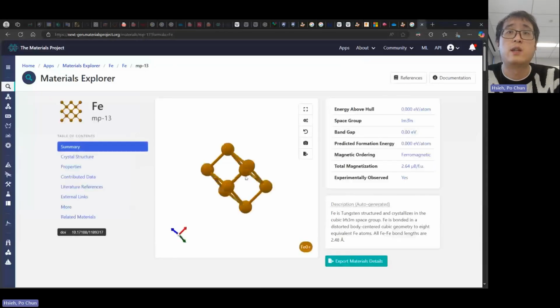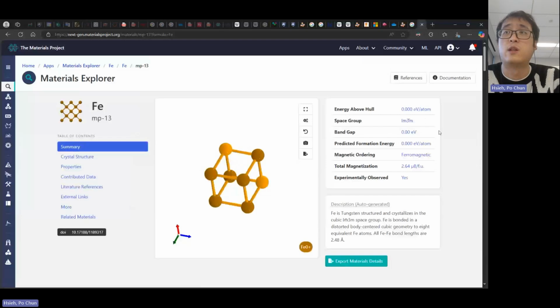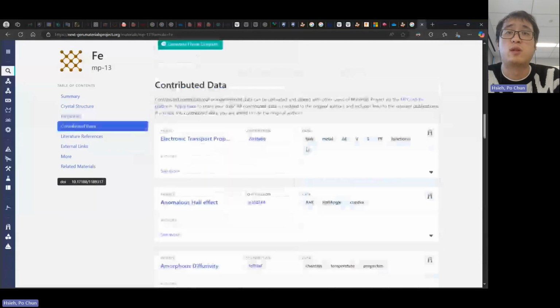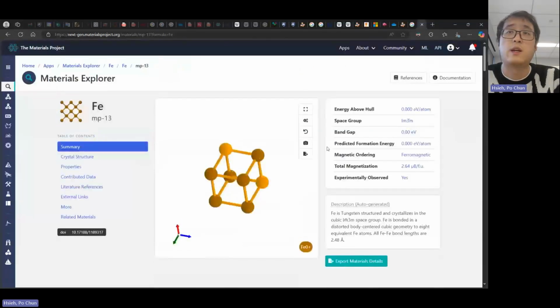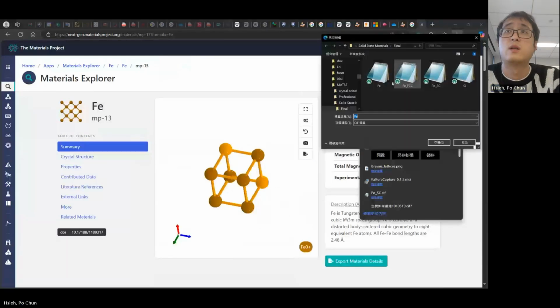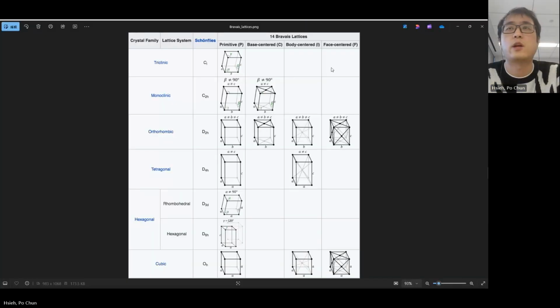And here, of course, you can see its structure, some information about its crystal structure, and a lot more of its properties. But today, I'm going to focus on the fact that we can download its CIF file here. Save it.